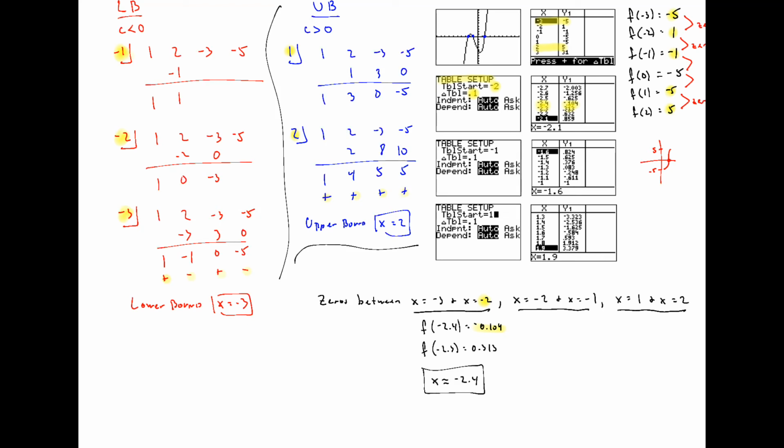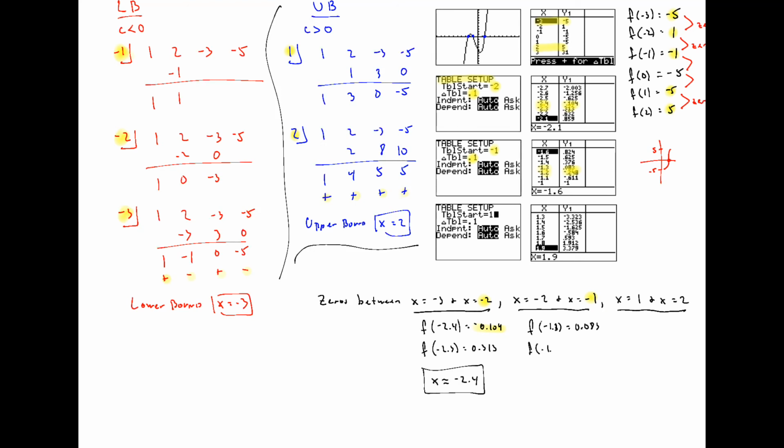So you can see, once again, as we look between negative 2 and negative 1, your table start, we started at negative 1. Still the table change is 0.1. Take a look at your table and find where the change occurs from positive to negative. And so on this one it's negative 1.3 and negative 1.2. So once again, to show that, you're going to say f of those two. So f of negative 1.3 is approximately 0.083.